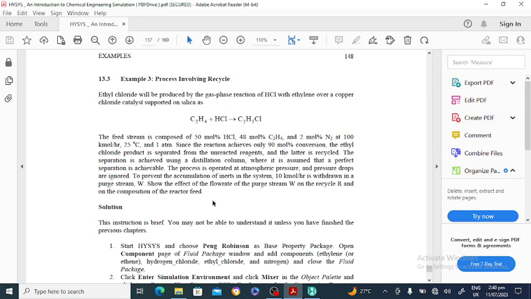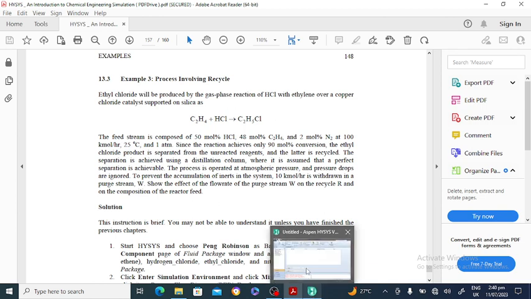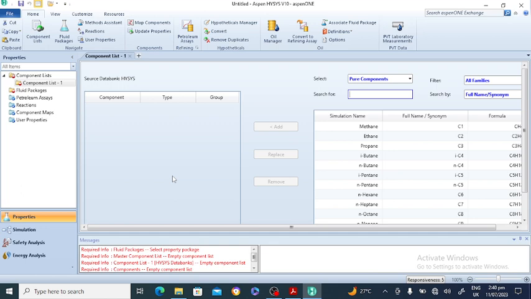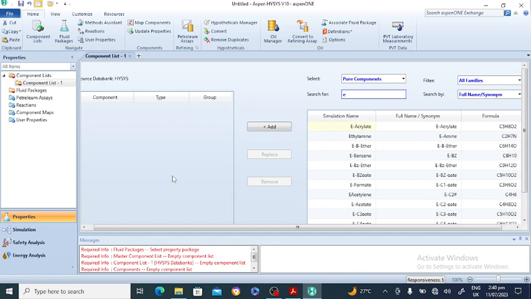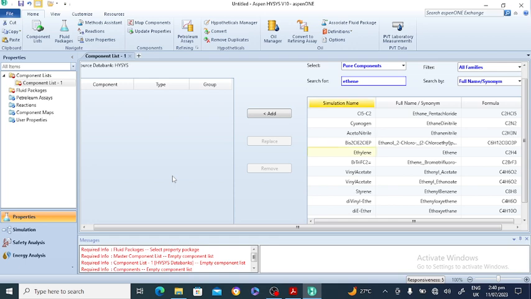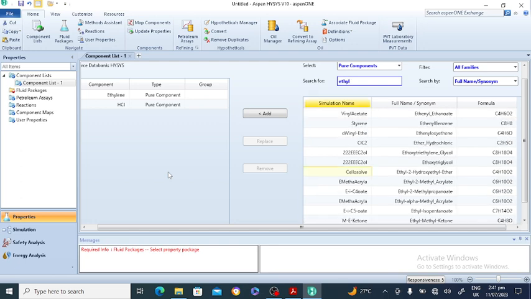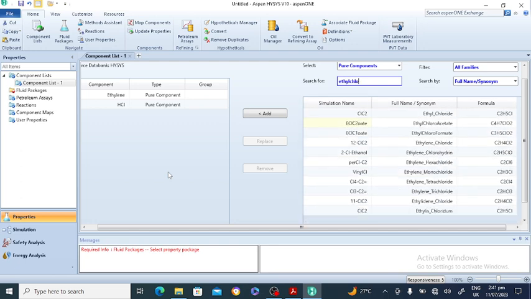First of all we will go to Aspen HYSYS. Open Aspen HYSYS, and in the component list click on add and add the components. The components are ethylene, or ethene, which reacts with HCl to produce ethyl chloride, which is C2H5Cl.